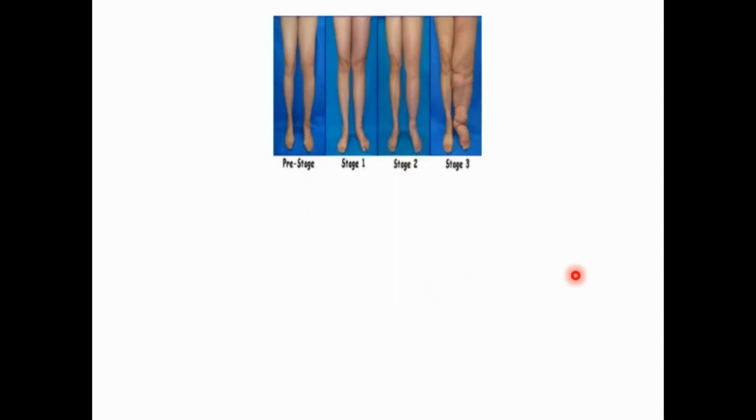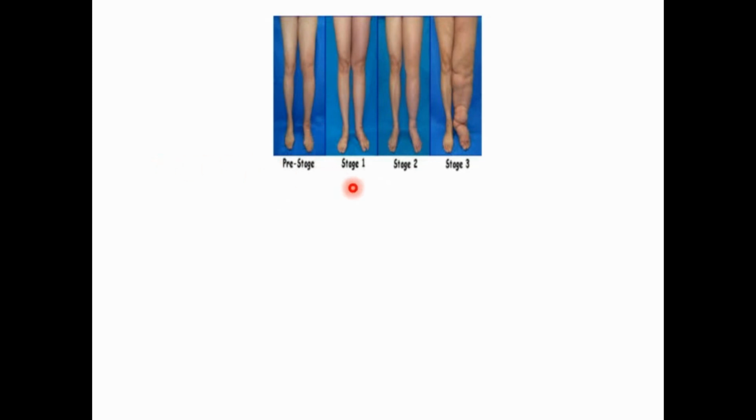Edema pits on pressure but disappears on elevation. This is the picture. You can see there are four stages. The first is the pre-stage. In the pre-stage, there is no clinically evident finding, but you can see that the leg is edematous.